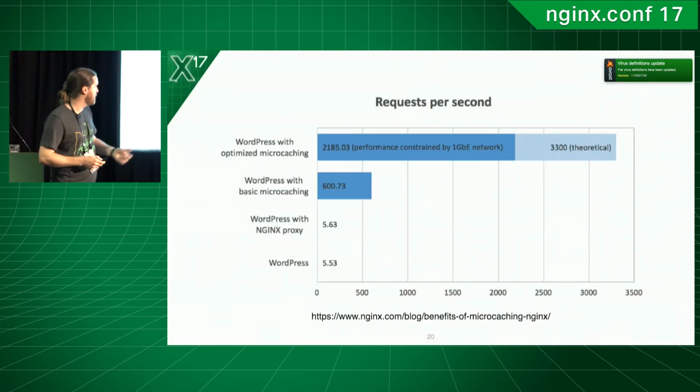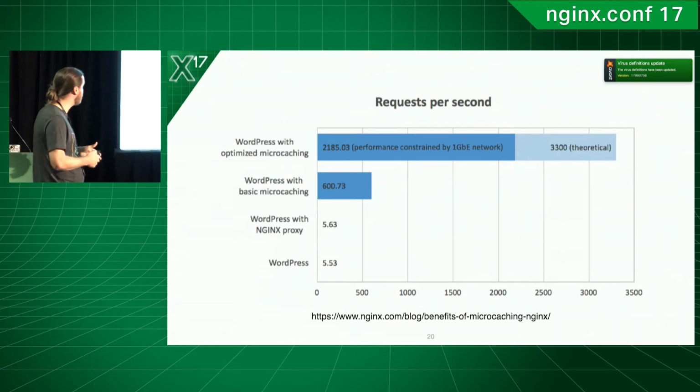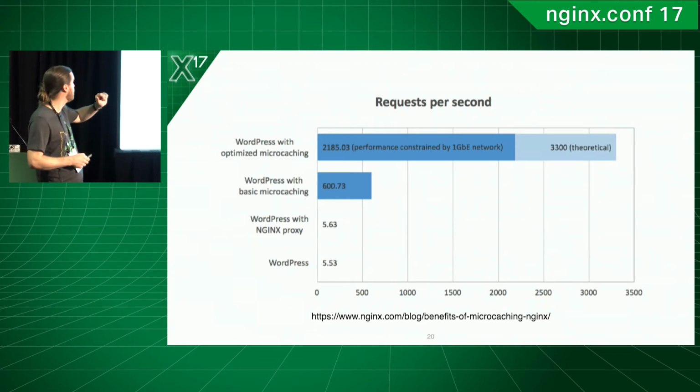So this was just a test that we did. Owen, actually the head of product, did a blog series, and I just wanted to throw this up to show, theoretically, the performance increase that you get from using micro caching. On a WordPress instance, we were doing 5.53 requests per second using NGINX just as a standard proxy without caching, 5.63. So there's actually a little bit more improvement.